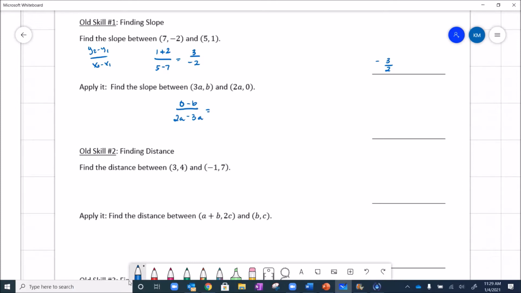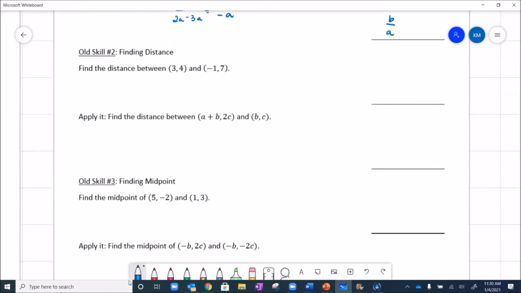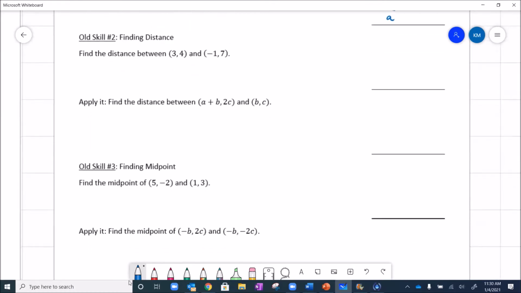And so I'd have -b over -a, and that negative over negative becomes positive, b over a. So we're doing the same thing, just with variables in place of where we typically see integers.